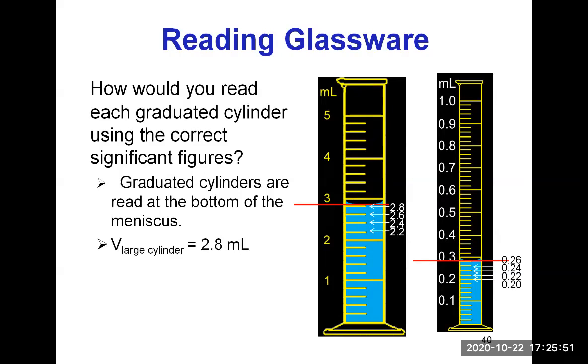And the red line then falls on 0.28. And that's how you can read this. The volume in this small cylinder would be read as 0.28 milliliters. If the bottom of the meniscus were falling between 0.28 and 0.30, you would estimate it at 0.29. So that's as far as you can be precise in these cases.